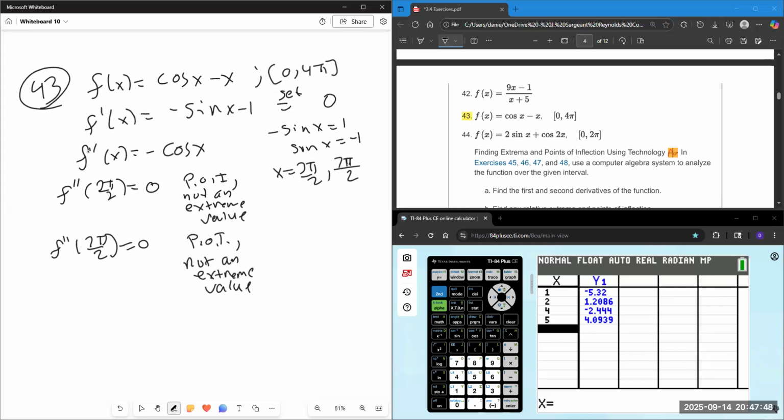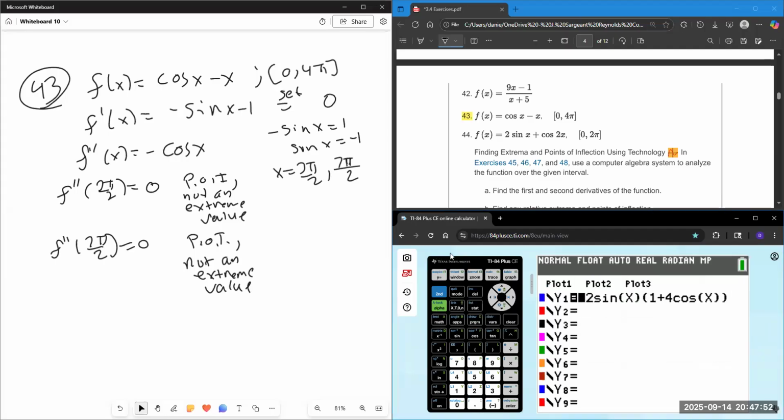Let's take a look at this graph to see what's going on. So cosine of x minus x. Oops. Let's go back here and insert these parentheses.